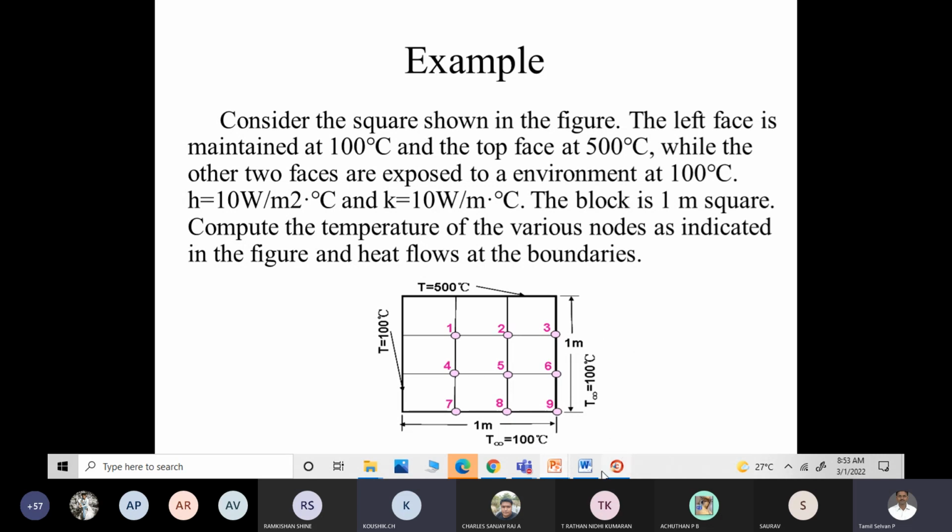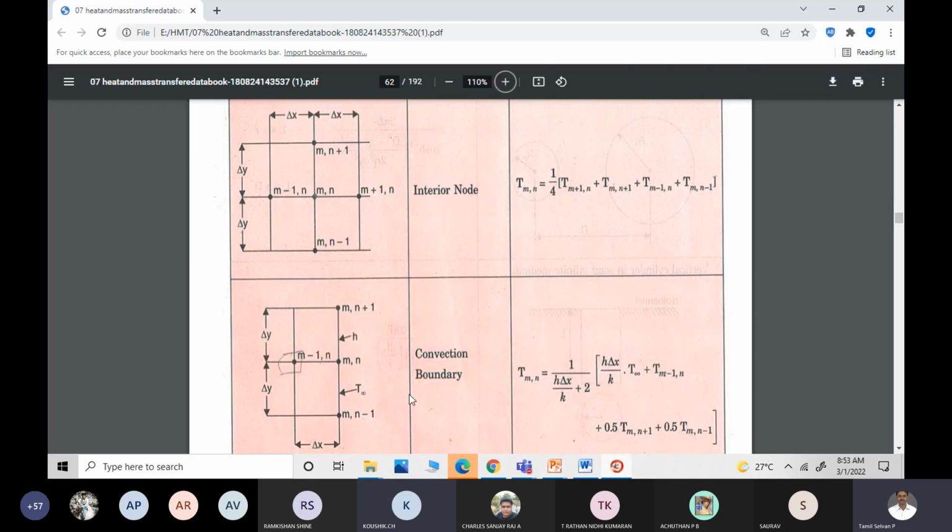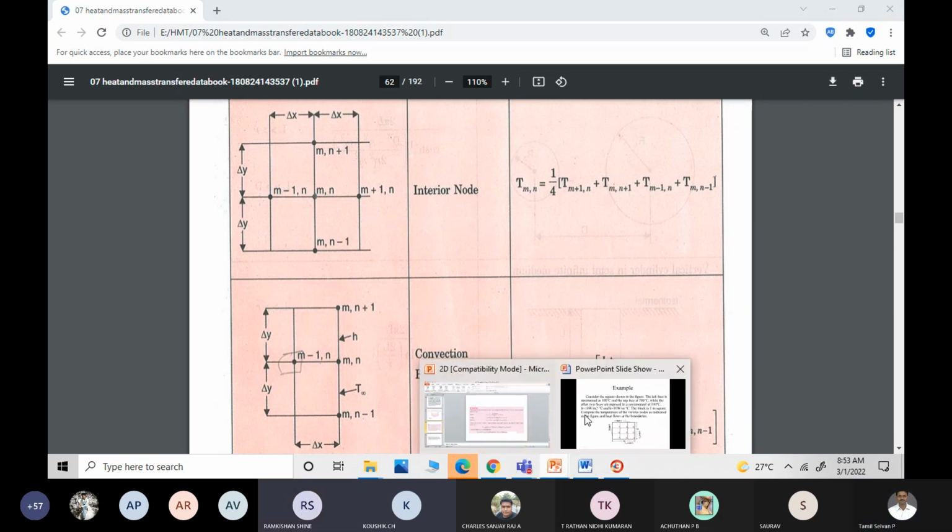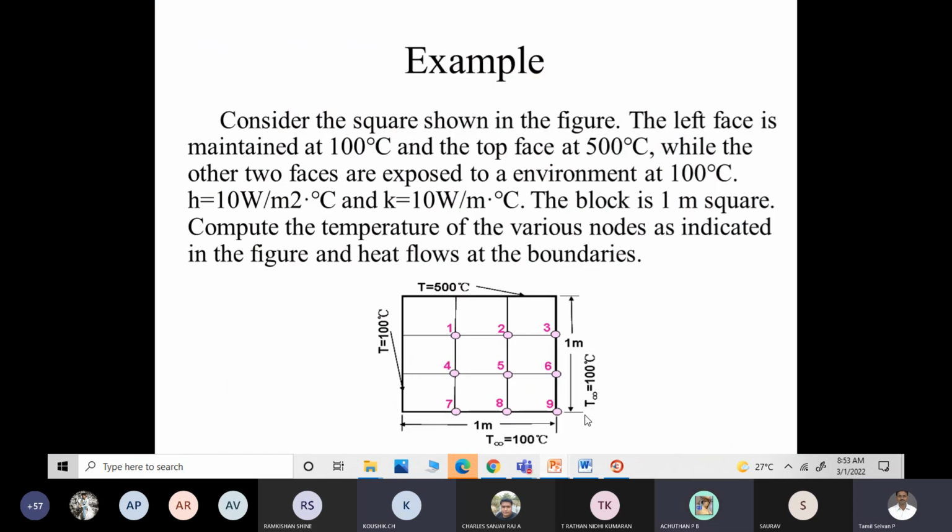Since these are exposed to convection boundary, you have to use Tm,n equals 1 over (1 plus h delta x by k plus 2). This equation you have to use for the convection boundary. Is it fine, students? For 3, 6, 7, 8, you have to use this.